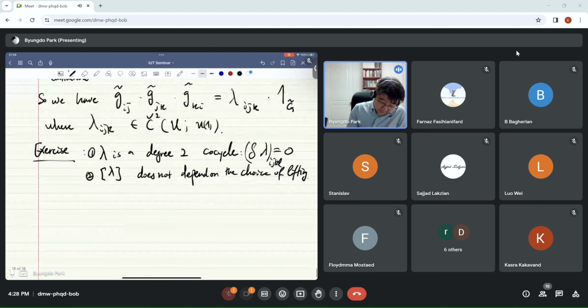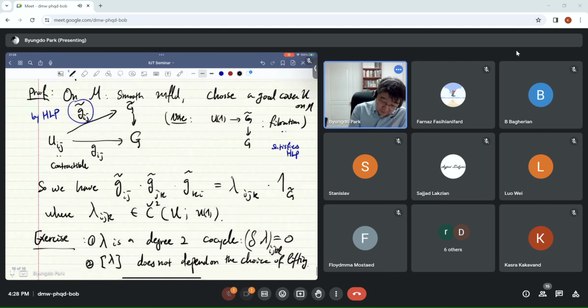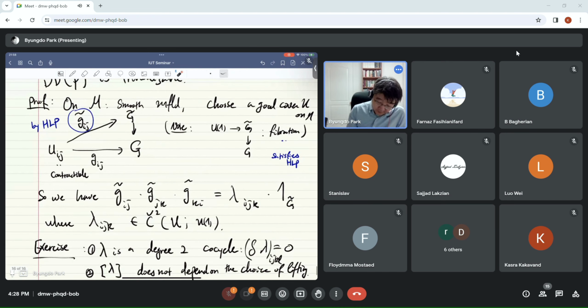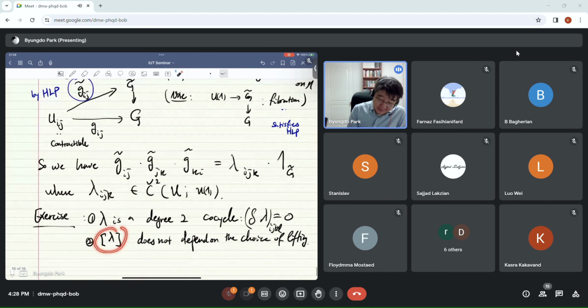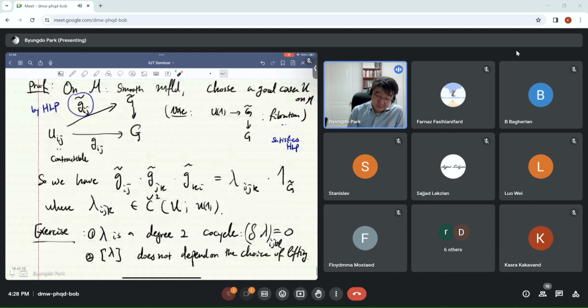So that means this cohomology class is precisely the obstruction for this principal G bundle to lift to a principal G-tilde bundle.